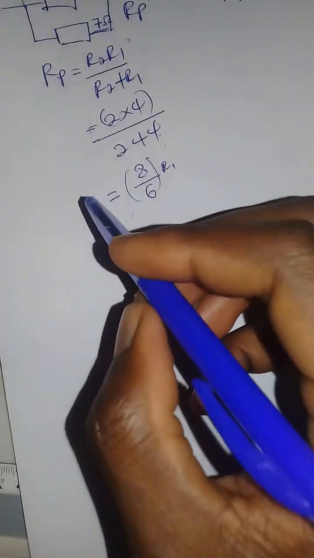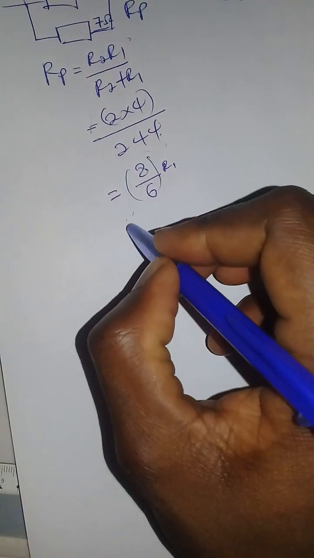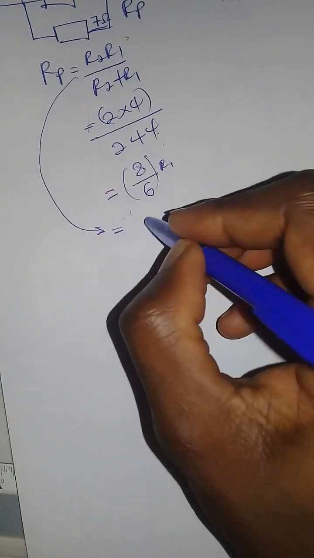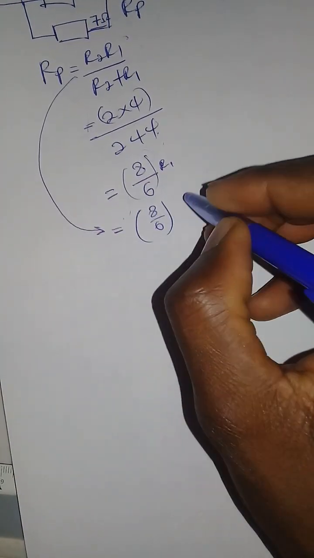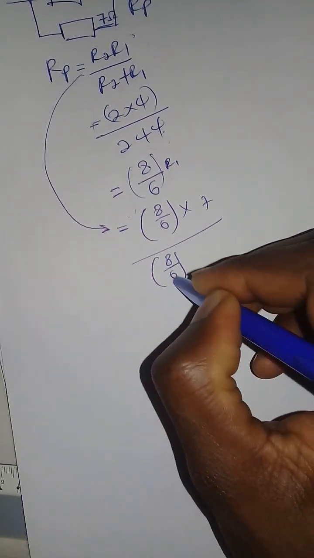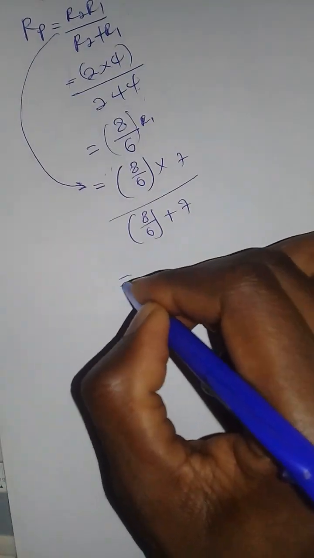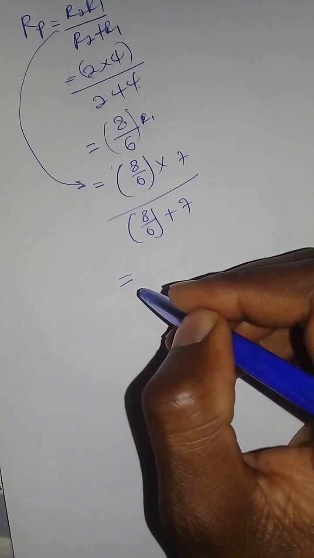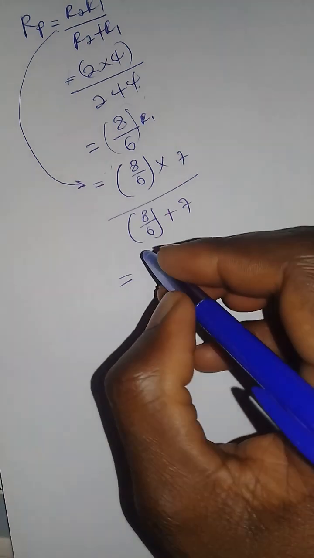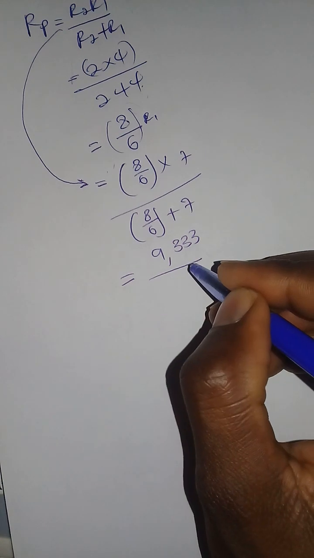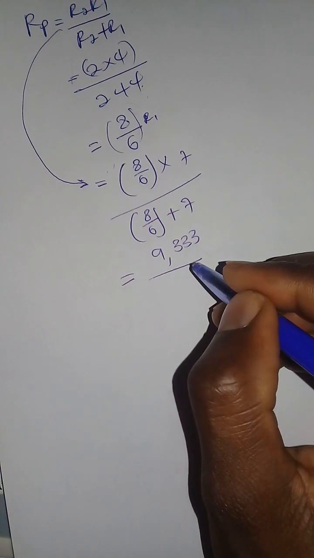So you continue from this. This becomes your new R1. You do not start a new calculation, you just continue and say equal to, and reapply the equation from this step. So you say 8 over 6 times 7 over 8 over 6 plus 7. That means 8 divided by 6, times 7, divided by 8 divided by 6 plus 7.